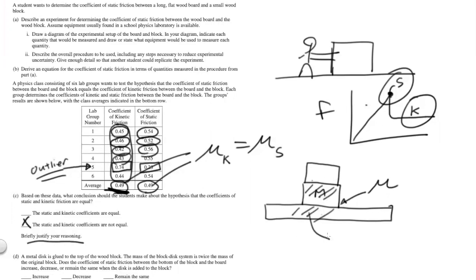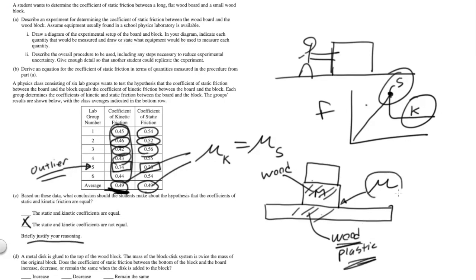You know, is the board made of wood or is the board made of plastic? Because a wood block is going to interact differently with a plastic board compared to a wood board.